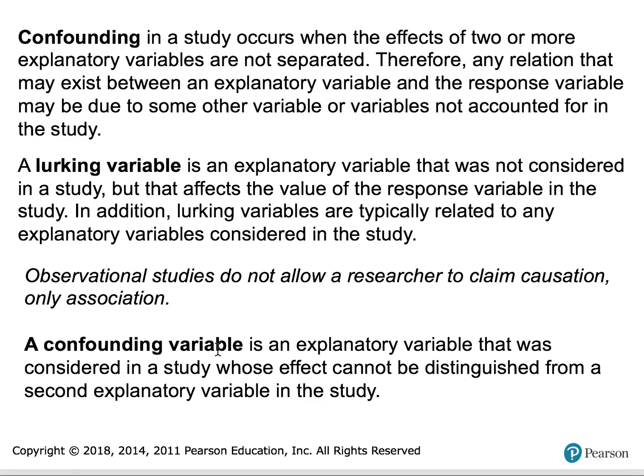A confounding variable is an explanatory variable that was considered in a study whose effect cannot be distinguished from a second explanatory variable in the study.